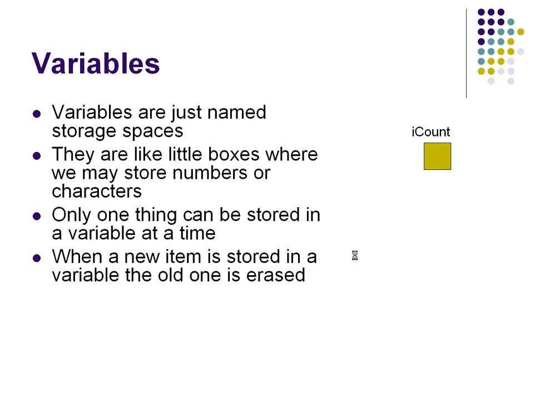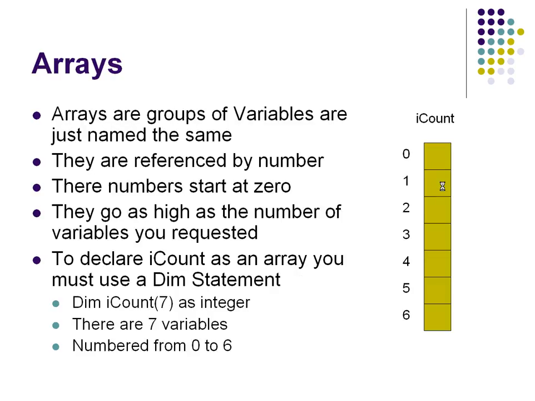So there's another type of variable called an array. The array is basically just storage. There, I put a 3 in the box over there. The array is basically a whole group of variables under a single name. So iCount, over here on the right now, has a whole bunch of little boxes. We can store a number of things.